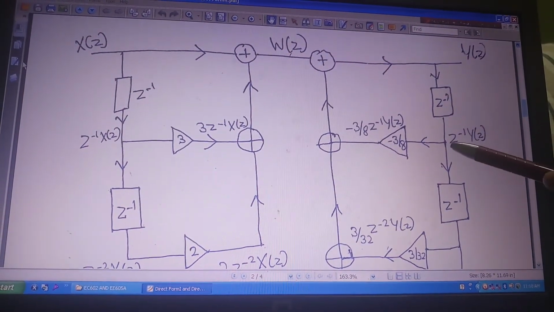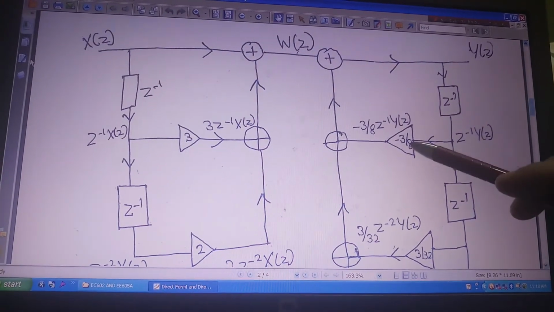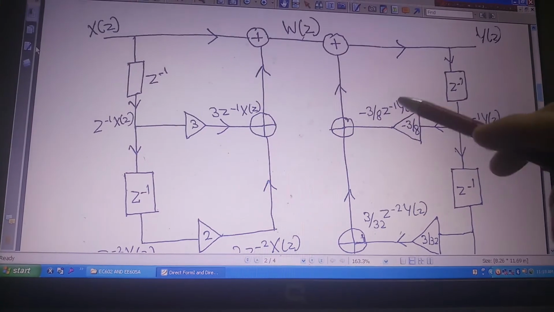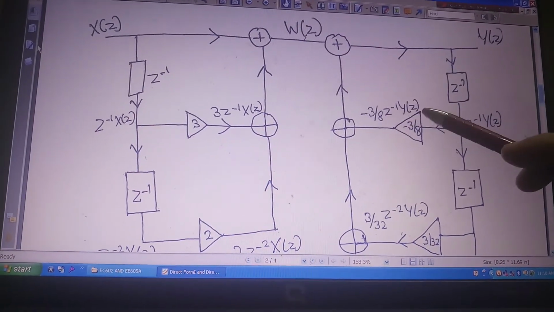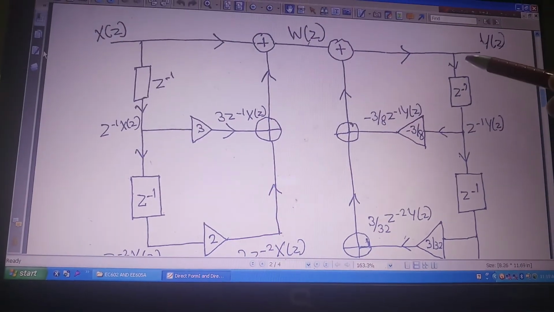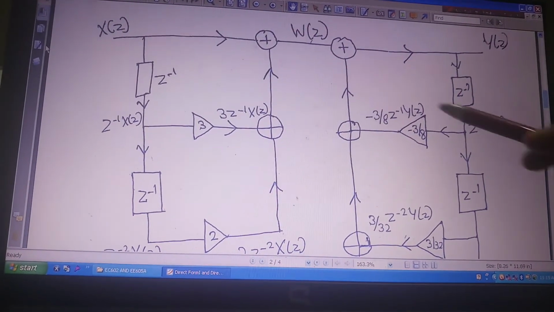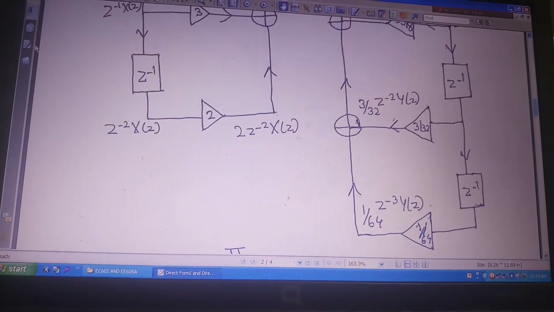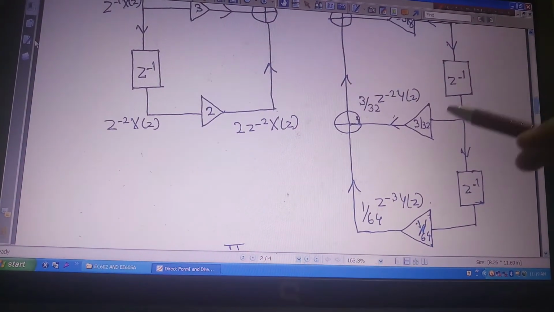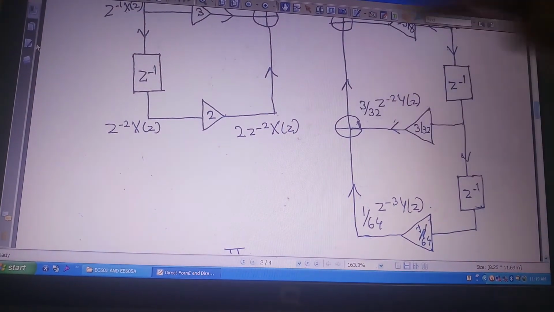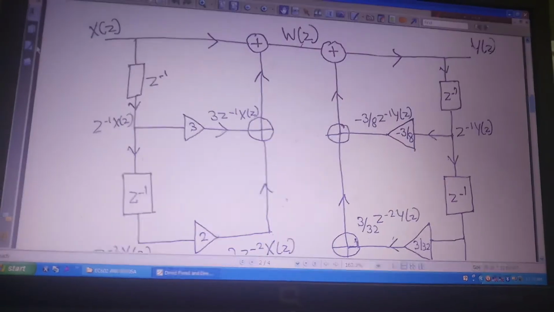At this point I get z inverse Y(z) multiplied by a multiplier minus 3 by 8, so I get minus 3 by 8 z inverse Y(z). Through the adder it comes over here, so at this point I have W(z) plus this part. Again similarly, the z inverse multiplied by 3 by 32 gives this factor and it goes over here.